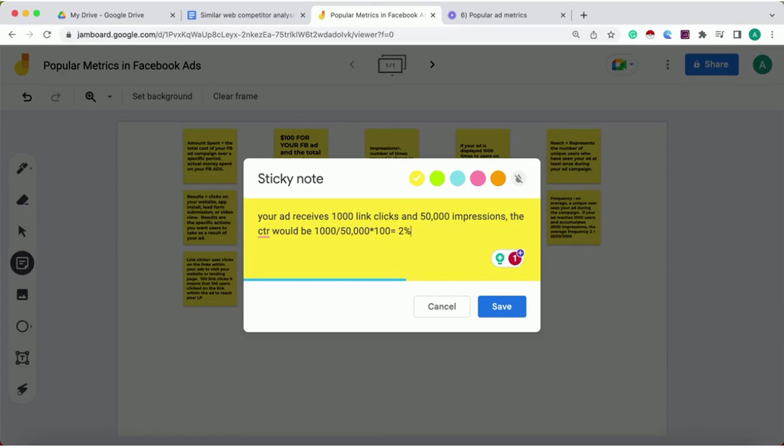So the clicks come on the top, divided by the number of impressions, and then multiplied by 100.